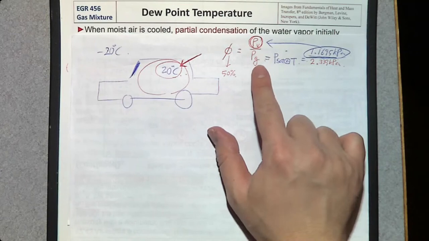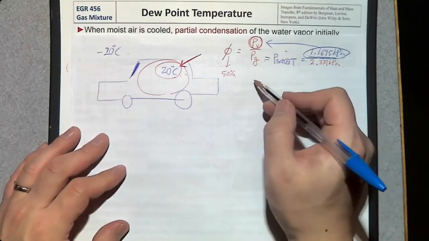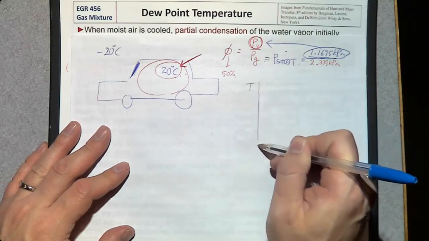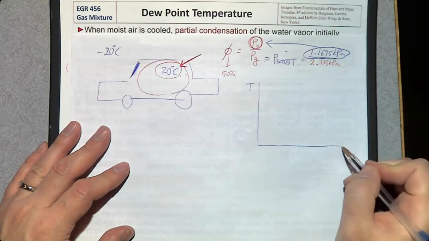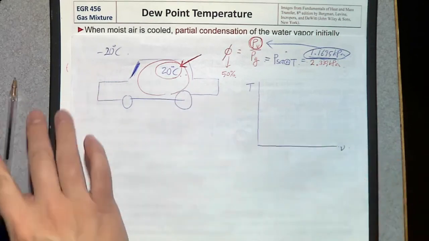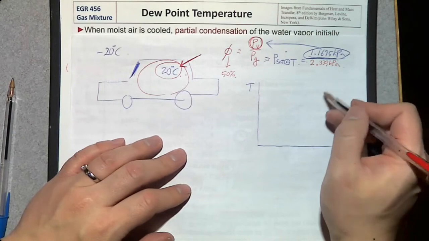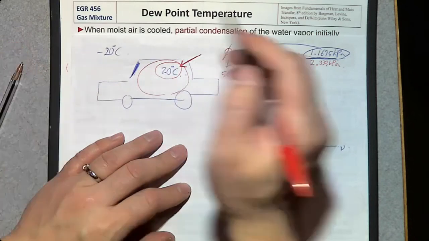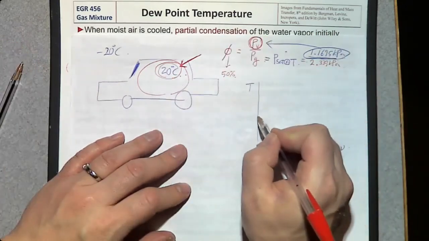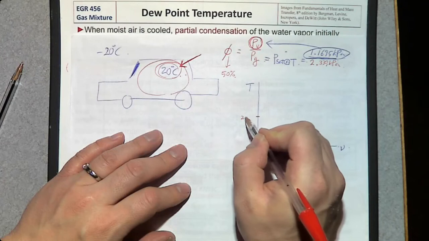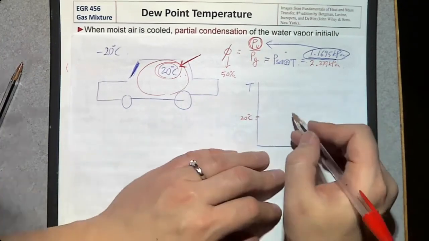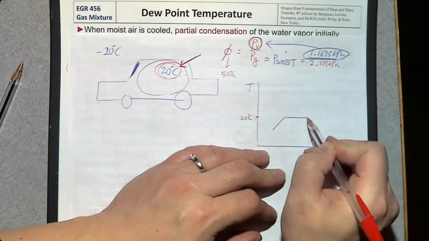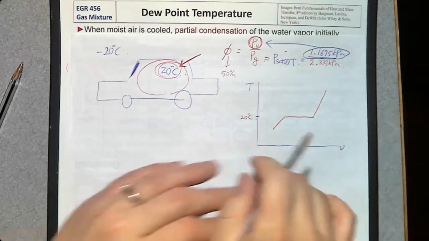If we understand this situation on a PV diagram and TV diagram, let's say the temperature is 20, so this is 20 degrees Celsius. Then the TV diagram looks like this.